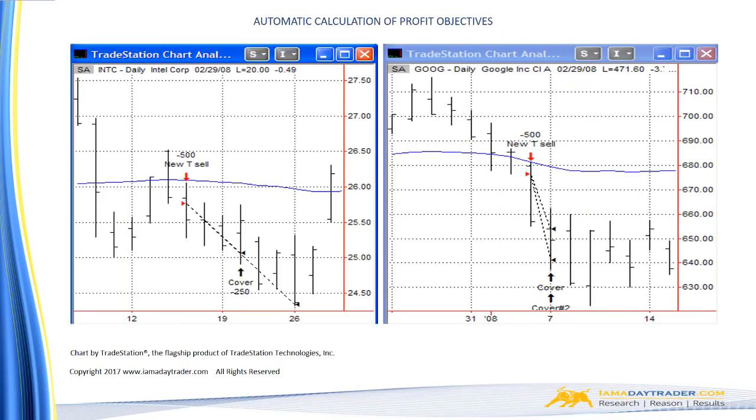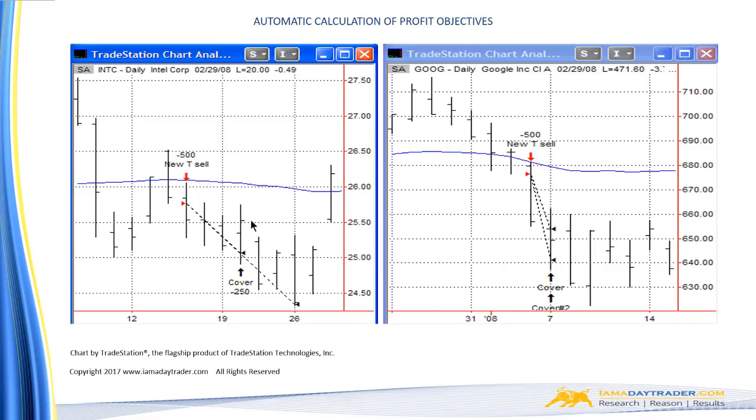Let me show you something else that you can do with ATR. I'm showing you a particular strategy looking to sell underneath returns into a bearish trend. You've entered this particular trade. I'm showing an example of 2 stocks. Now they're totally different. This is a stock of $26 and the Google at that particular time was above 600.